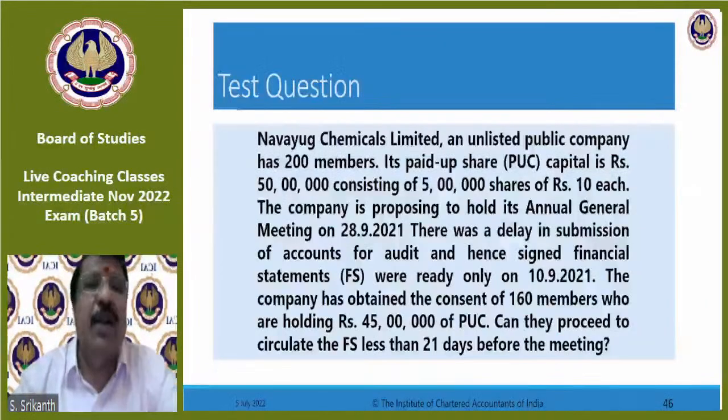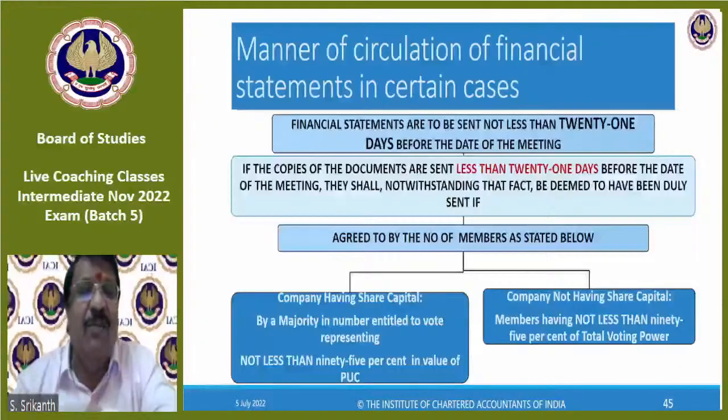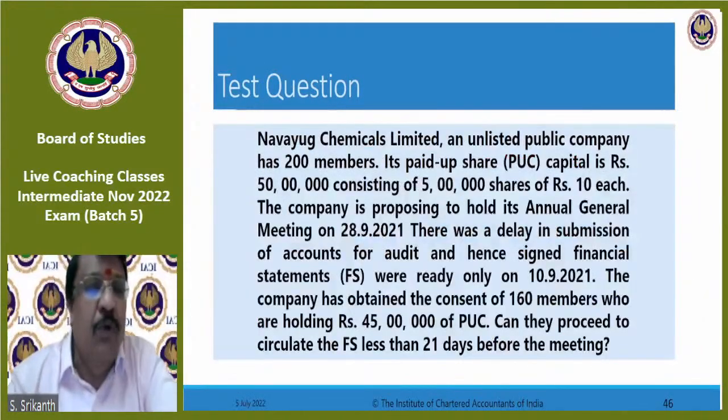Suppose I were writing an answer to this question in the exam, you know how I would write this? No, they cannot proceed to send the financial statements less than 21 days before the meeting because it is 90%. Instead of saying 90%, why don't you say less than 95%? See the difference in how you can write the answer.